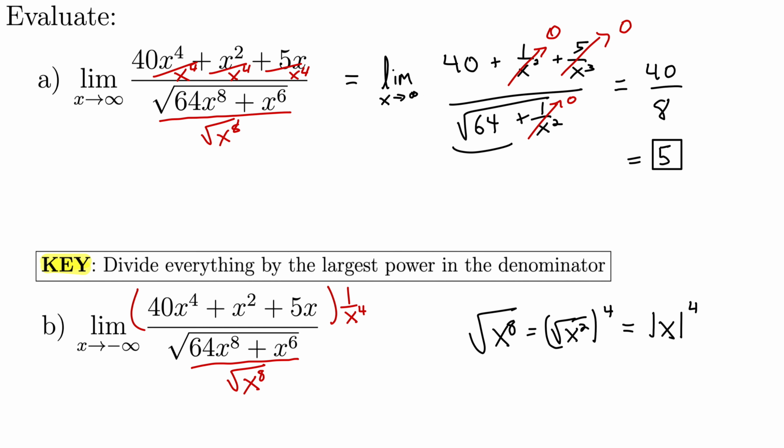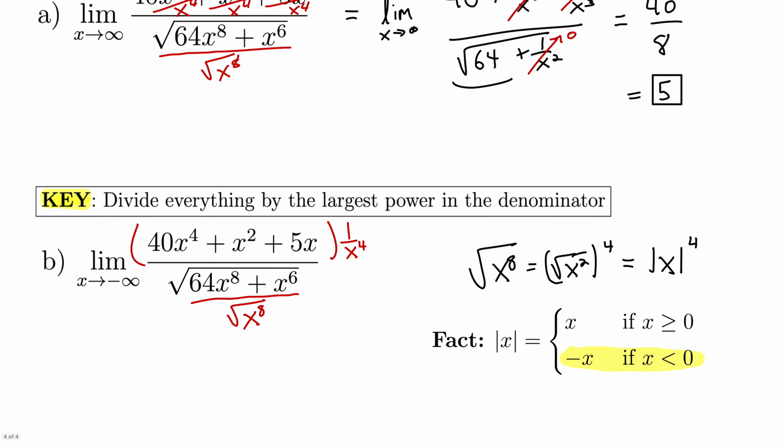Well, here we need to use the definition of absolute value of x that's commonly used in calculus. The absolute value of x equals x whenever x is greater than or equal to 0, but it equals negative x whenever x is less than 0. And this bottom case is the case that we use whenever we're letting x go to negative infinity.